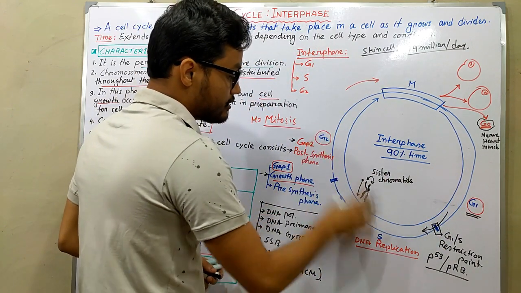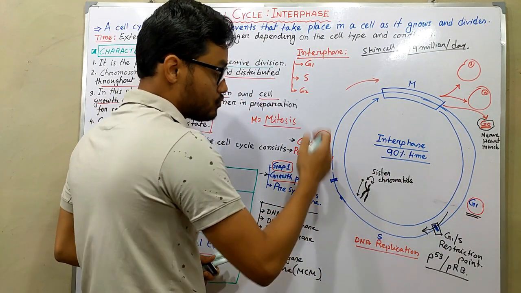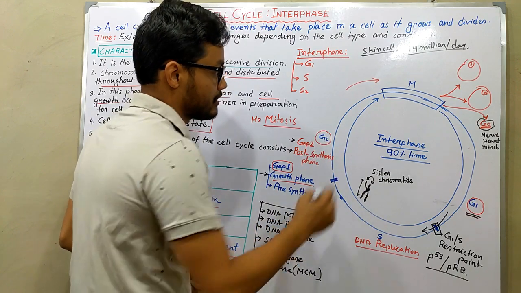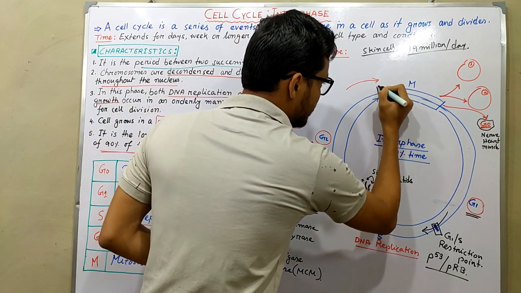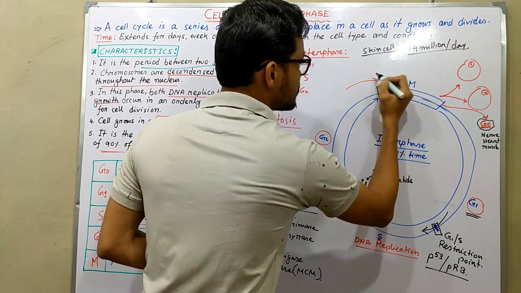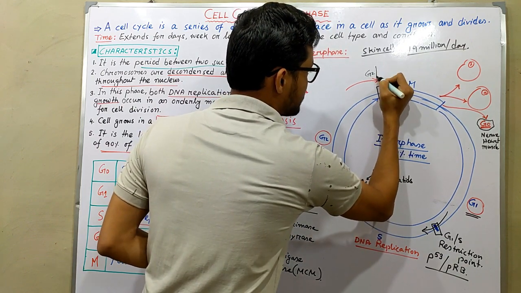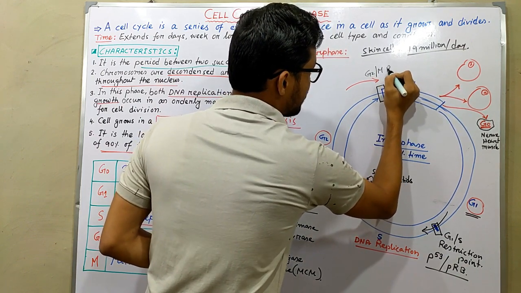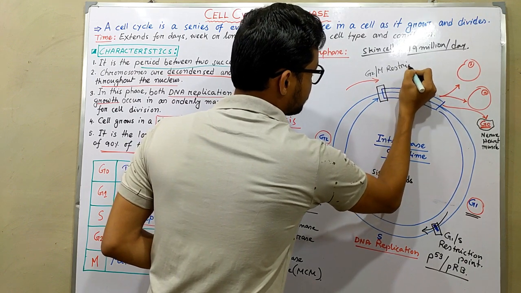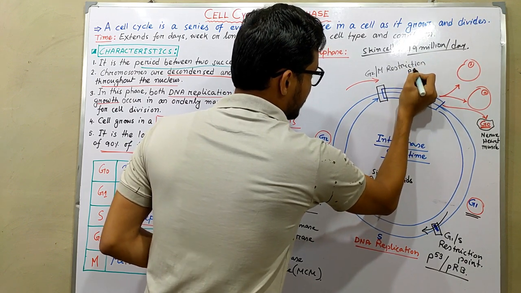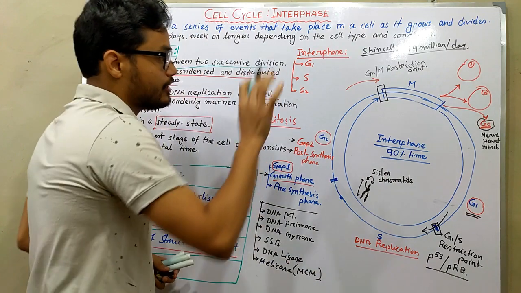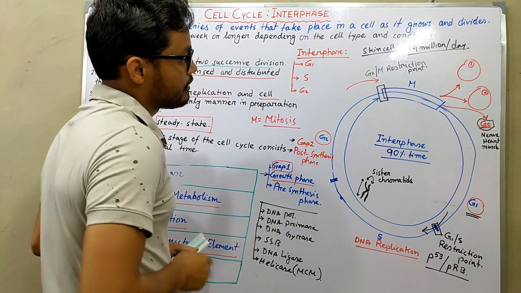From S to G2, there is no restriction point present. But at the G2M transition, one restriction point is present, the G2M restriction point.